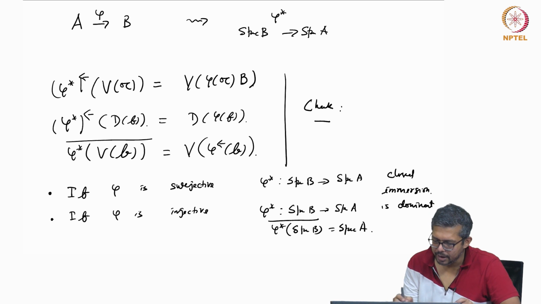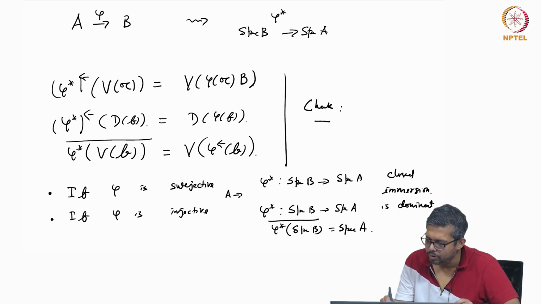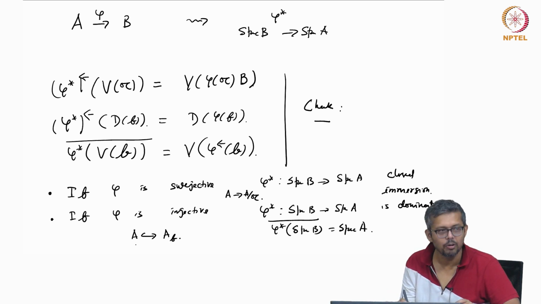So an example for this: you can take A to A mod I, and here the other example is A to A_f. Suppose you take the localization map.